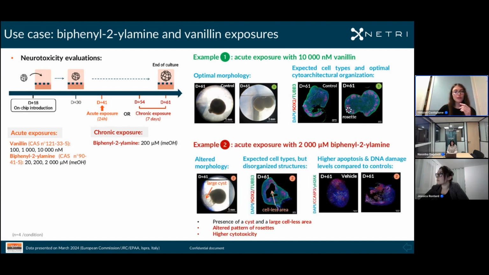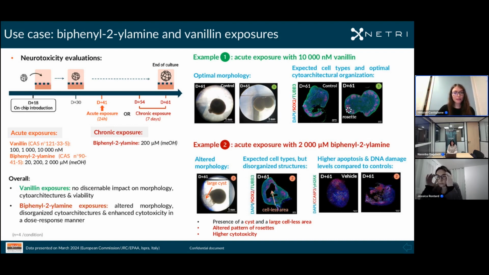However, we have put also another example of an acute exposure with the highest dose of biphenyl, the second compound, and here we can observe that the exposed organoid displayed an altered morphology with the presence of a large cyst, disorganized cytoarchitectures, and higher apoptosis and DNA damage levels compared to the non-exposed controls, suggesting a toxicity induced by this dose of biphenyl.